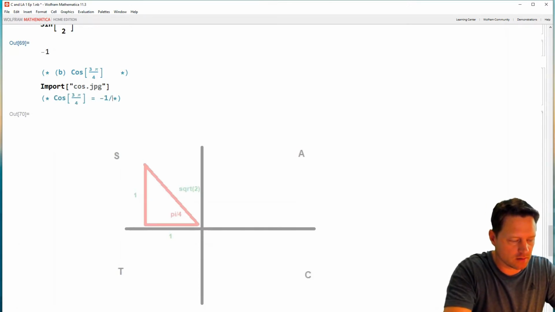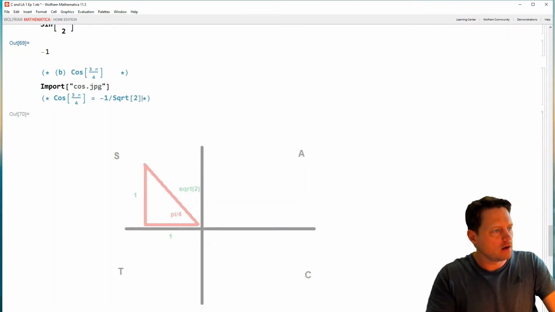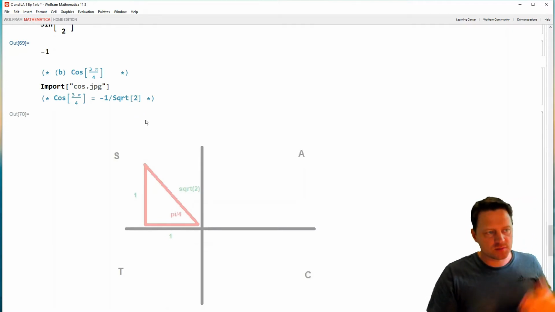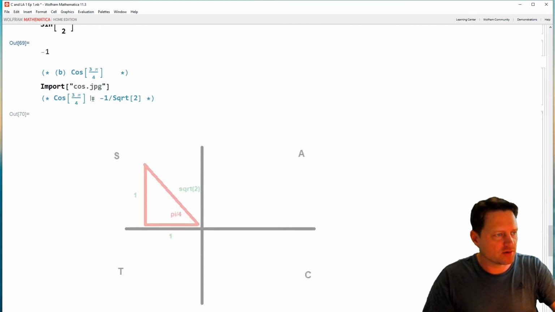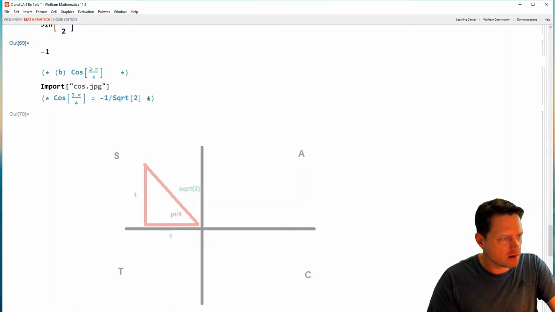Minus 1 on the square root of 2. But we can multiply numerator and denominator by root 2, and then that gives us a rational denominator. And so we would have minus root 2 over 2.